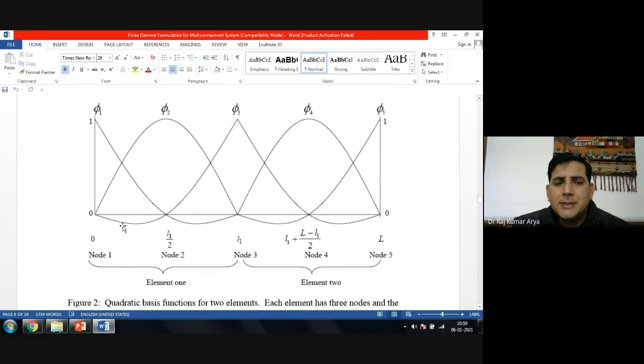It has the value 0 at node 2 and node 3.